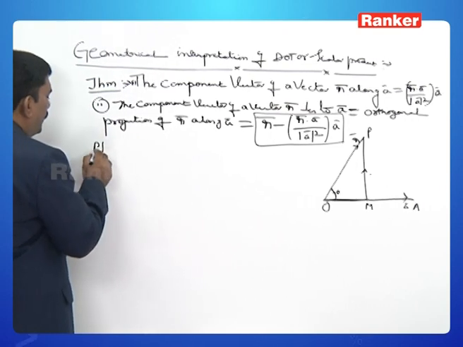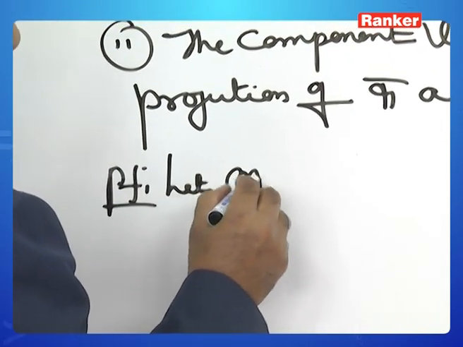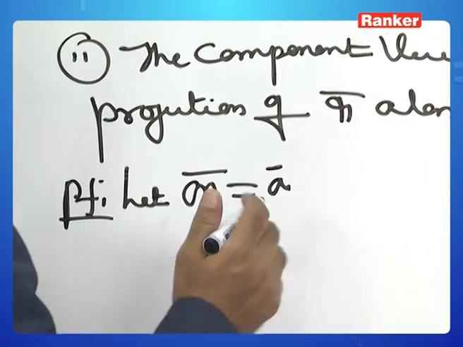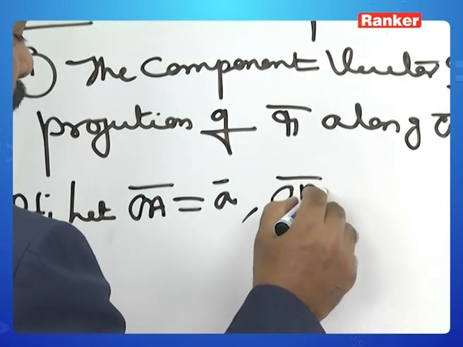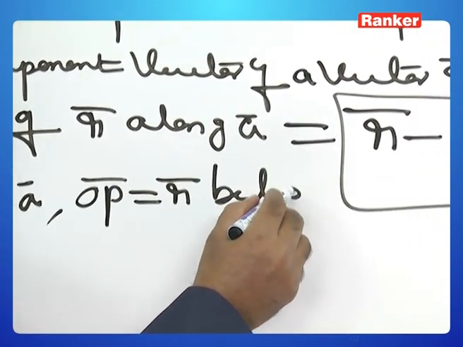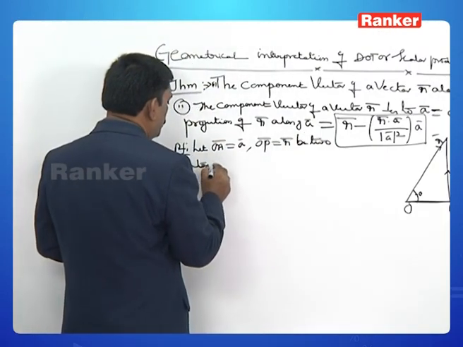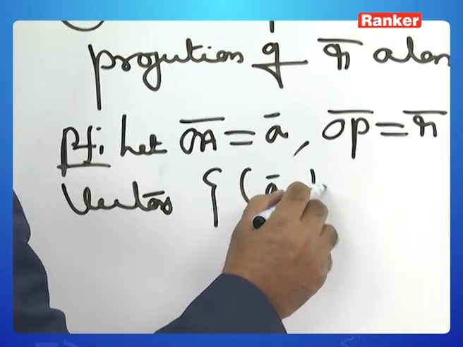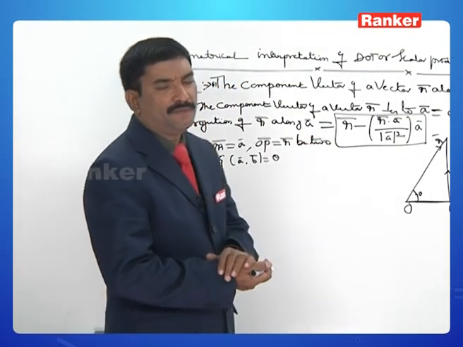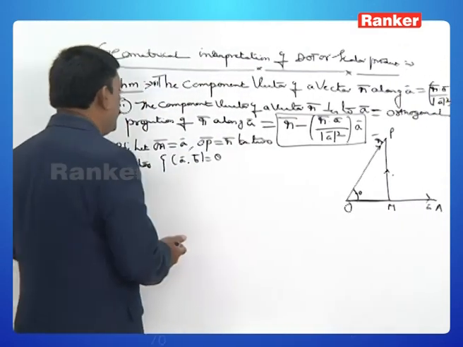The proof of this one is: let OA bar is equal to A bar and OP bar is equal to R bar be two vectors, and the angle between them is theta.